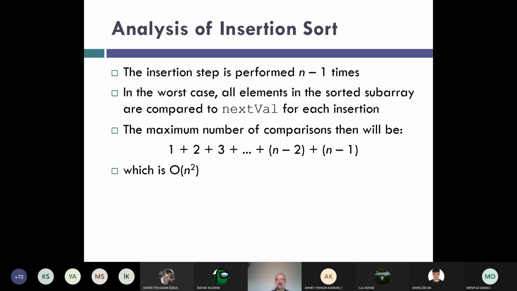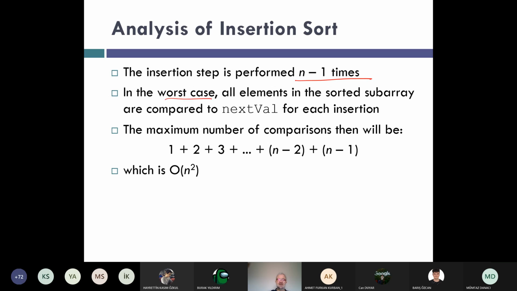Right? So insertion is performed n minus 1 times. And the number of comparisons and the number of exchanges during each insertion depends on the values, not only on the number of elements in the sorted subarray.